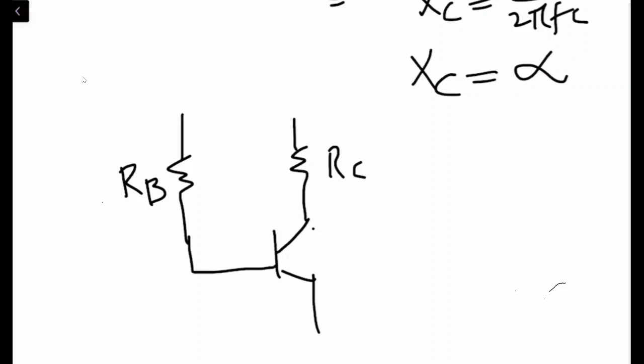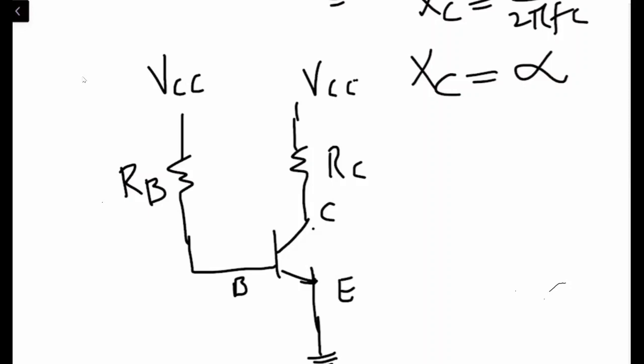RB is connected to the base of the transistor. This is the collector of the transistor, and this one is the emitter of the transistor, and the emitter is grounded. As well as, if you see, RC is connected to VCC over here, as well as RB is also connected to VCC. It is the same VCC, but I'm just making it a simplified version. Are you with me?